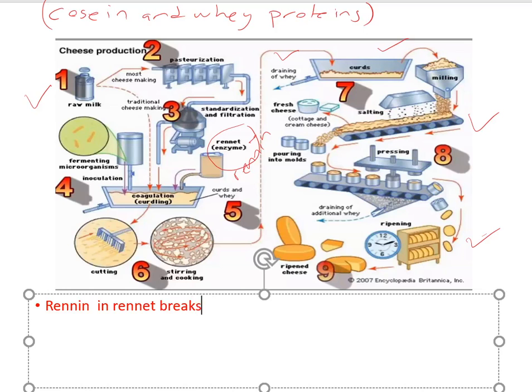Breaks down the kappa casein on the surface of the micelle.